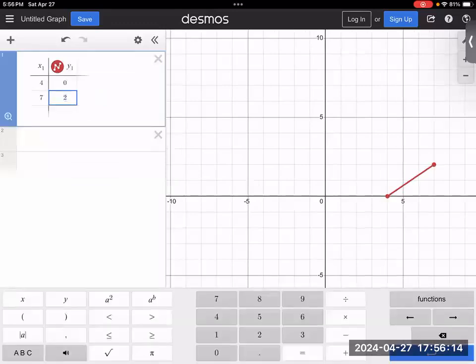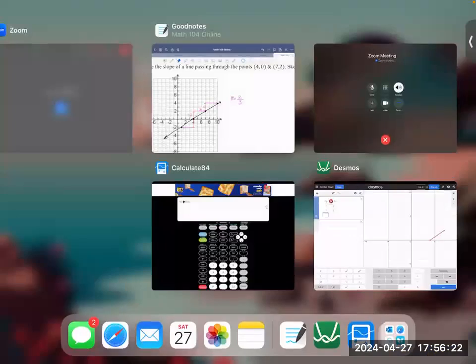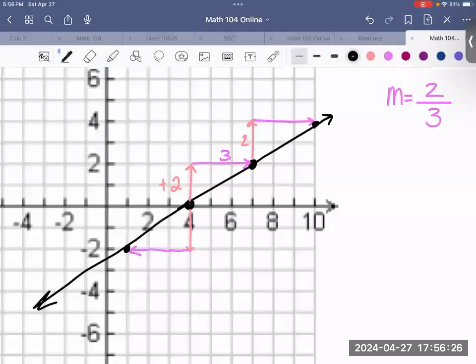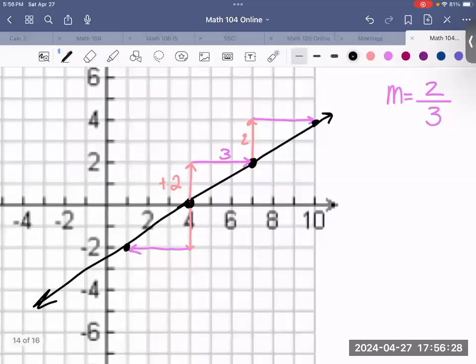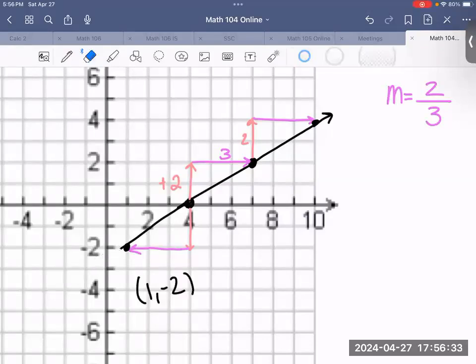Now I am curious to see if I hit the enter button, we can then put in your other point, where I think we had said your next point was what? This would be 1, -2. And if we did it one more time, let's try it one more time. Down 2, over 3, 1, 2, 3.